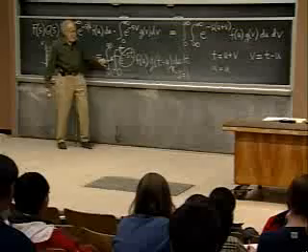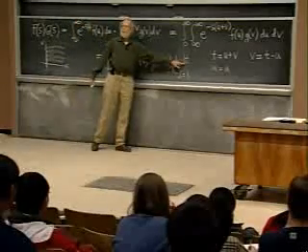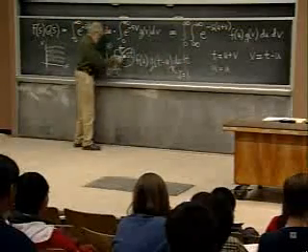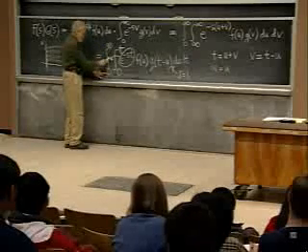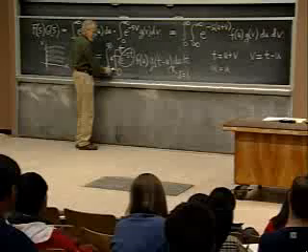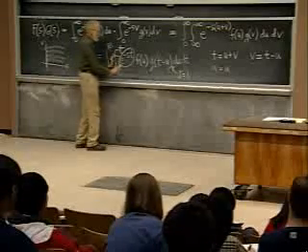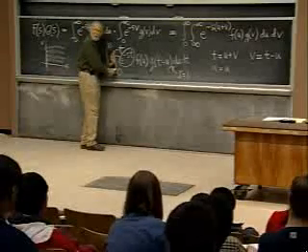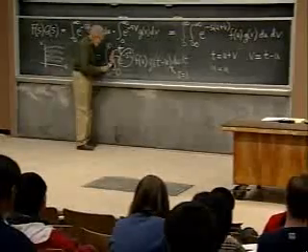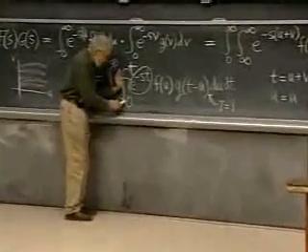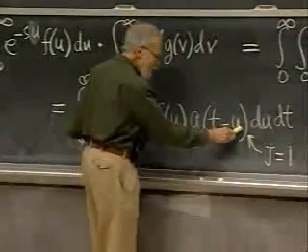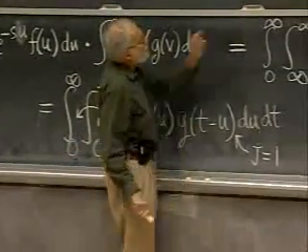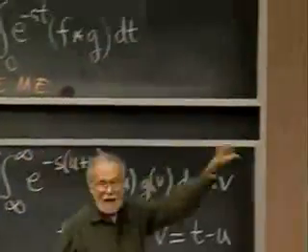That only involves t, and t is only caught by the second integration. So I can put this outside, and what do I end up with? The integral from 0 to infinity of e to the negative st times, what's left? A funny expression, but you're on your desert island and found it. This funny expression, the integral from 0 to t, f of u, g of t minus u, du. In short, the convolution. Exactly the convolution.